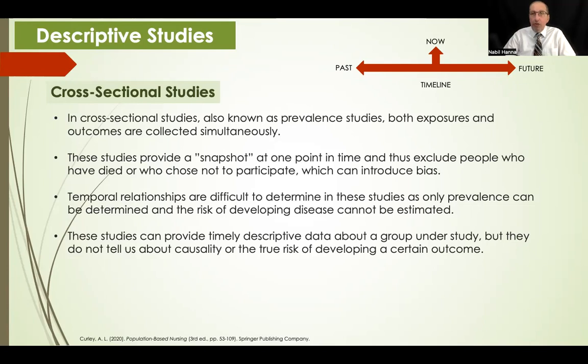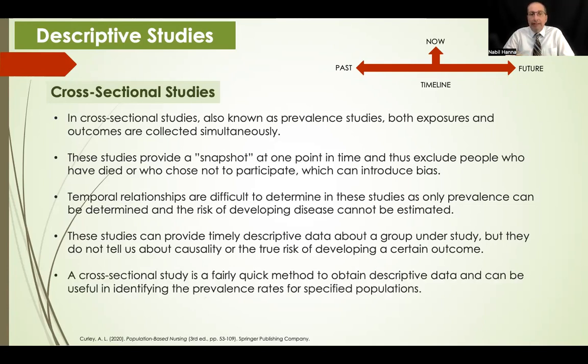Like you want to know right now what is the prevalence of HIV positive patients in a certain city in California, for example. So this is the cross-sectional study. A cross-sectional study is a fairly quick method to obtain descriptive data and can be useful in identifying the prevalence rates for specified populations.